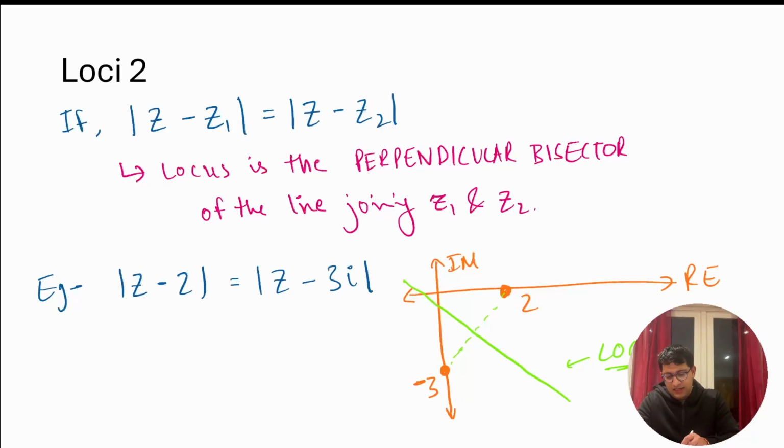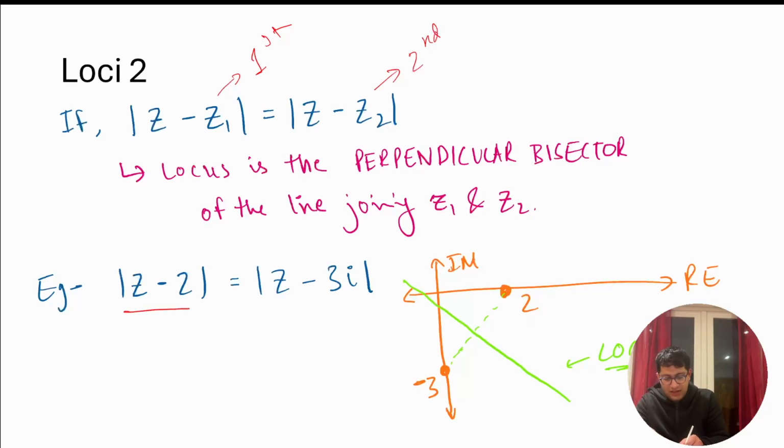So if you have something like modulus of z minus z1, where this is your first complex number, or the first coordinate, equals the modulus of z minus z2, which is your second complex coordinate, then the loci, or all of the points that will satisfy this particular rule, will be the perpendicular bisector.